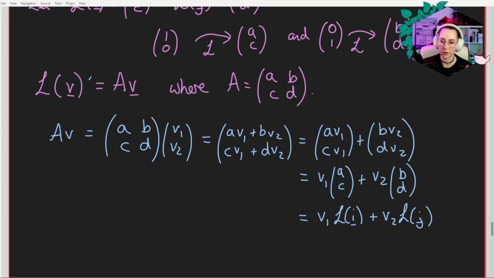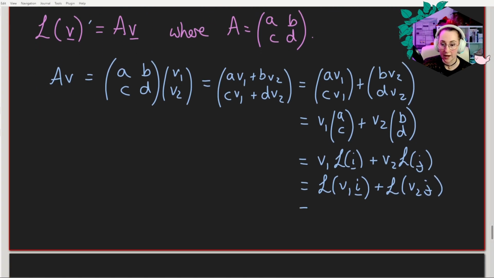Then I'm going to work backwards. I'll put the V's back in, which is the same as the linear transform of V1 of I and the linear transform of V2 of J. Then I can add my linear transforms together, so this is the same as the linear transform of V1 of I add V2 of J, which is the linear transform of V. Ta-da!